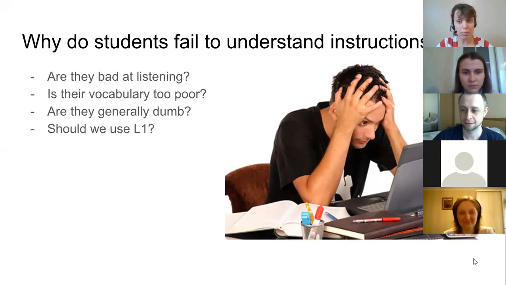Okay, maybe it's a vocabulary problem. Maybe they just don't know the words that we say. Maybe we should give them more words to learn. That's very often the case. So with beginners or elementary students, they, for example, don't know the word guess or something like this.